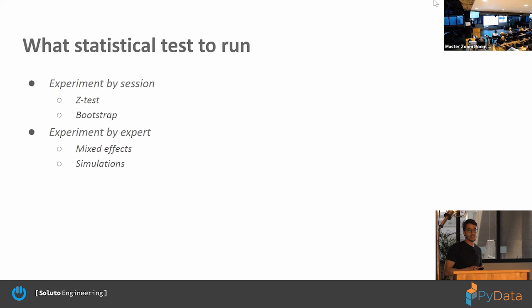So what we did choose is, when we experiment by session, which introduced no issues since all the sessions are independent from each other, then whenever it's a binomial, we just went to the simple z-test, and we went to bootstrapping whenever the distribution is not binomial.